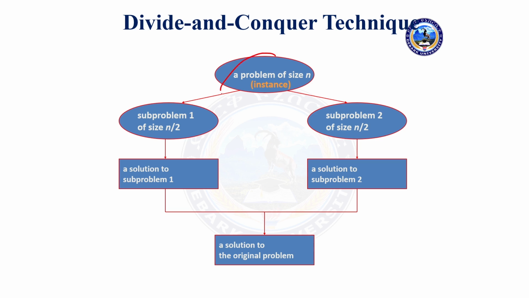As you see, there is one problem that has size n. After that, we will divide this problem into different subproblems. After that, we will solve each subproblem individually. Then we will put the solution to each subproblem here.